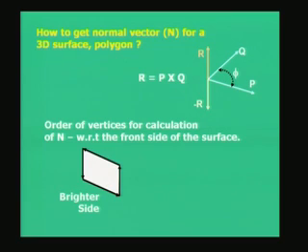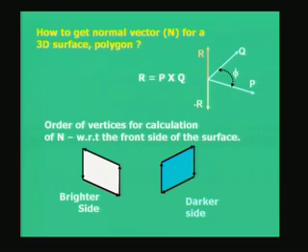Now, there is a reverse side of this as well. The reverse side, if I turn the polygon, where the opposite of the brighter side is visible to you, this is what I will call the darker side. I will not call it front or back anymore, we will say it is a brighter or the darker side. This darker side is inside the object and it will never be visible.